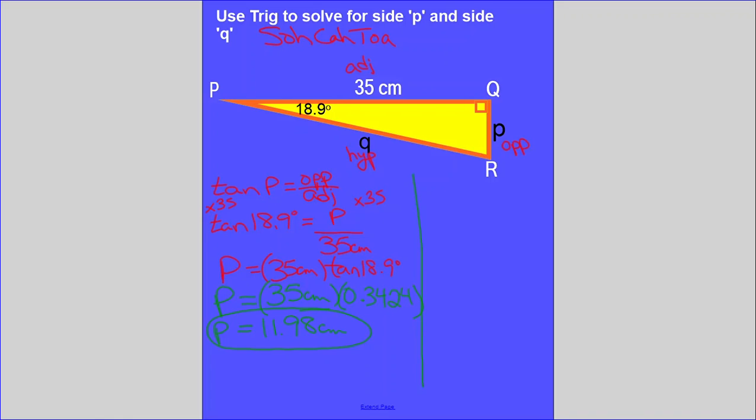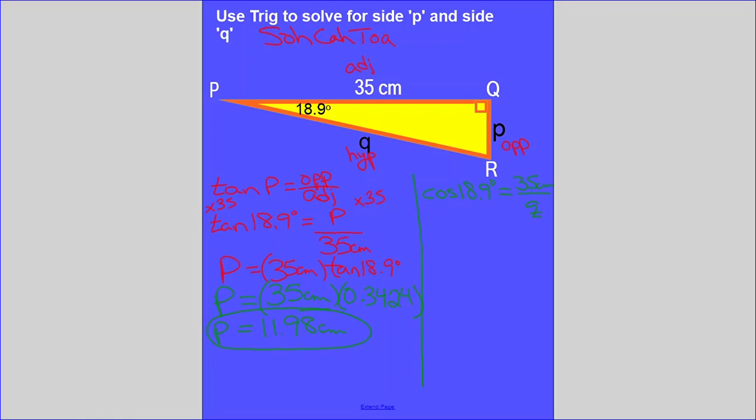If I'm finding Q, I'm not adjusting any of my reference angles because I have the same one, but now I have adjacent and hypotenuse. In this case, adjacent and hypotenuse looks like it's going to be cos. So the cosine of 18.9 degrees is equal to the adjacent, which is 35 centimeters, over Q. Now here Q is on the bottom, whereas in the first example P was on the top.